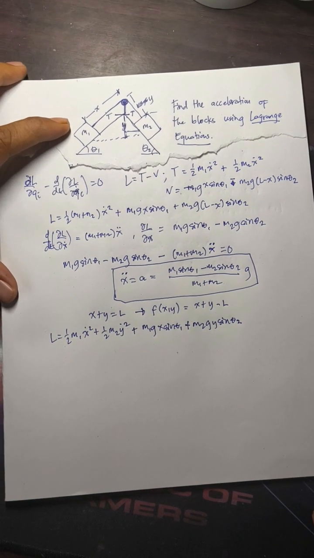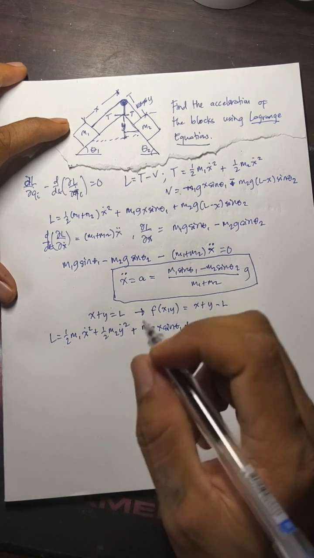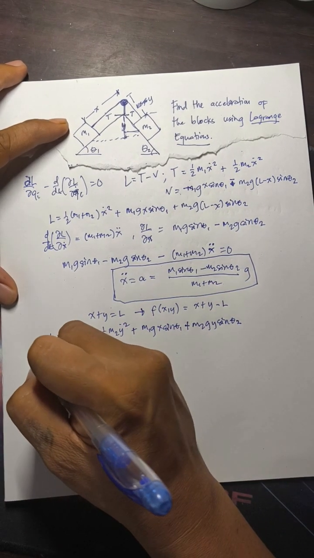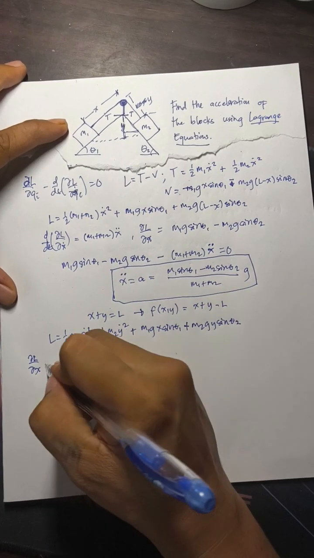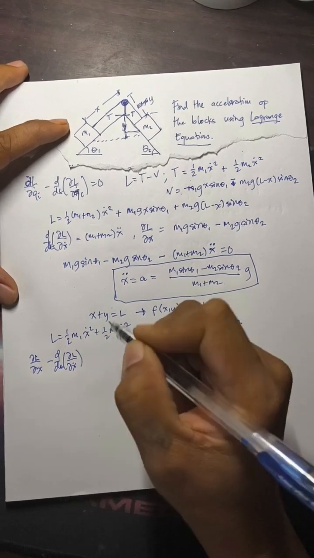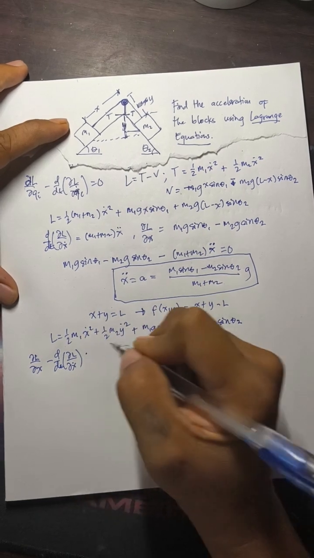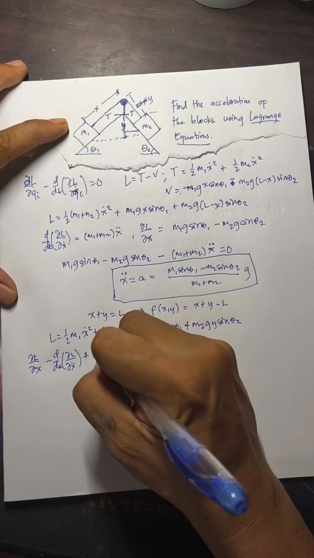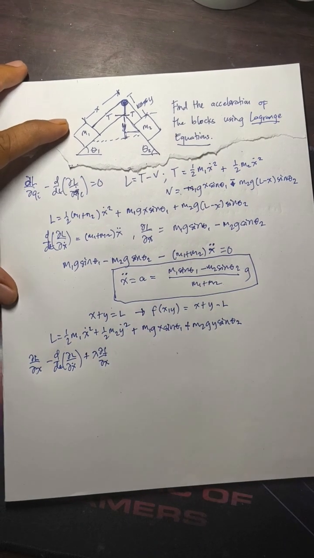Okay, now let's form our Lagrange equations for x. For x, we have partial L over partial x minus d over dt of partial L over partial x dot plus lambda times partial f over partial x.